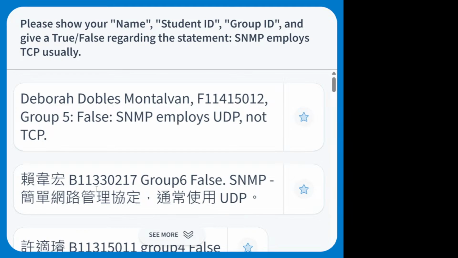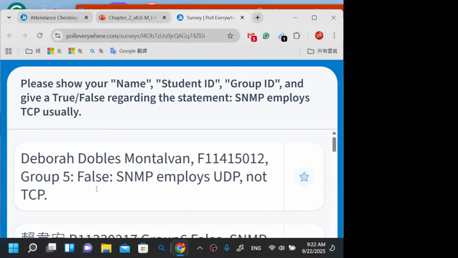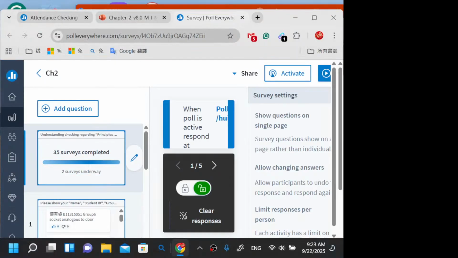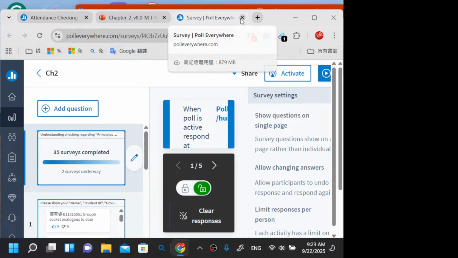SNMP use UDP. Usually, a lot of us use SNMP. SNMP use UDP. And likewise for DNS, we expect to use UDP as well. All right. Okay, that's also, I check your answer, and actually I will ask here to grade for this.